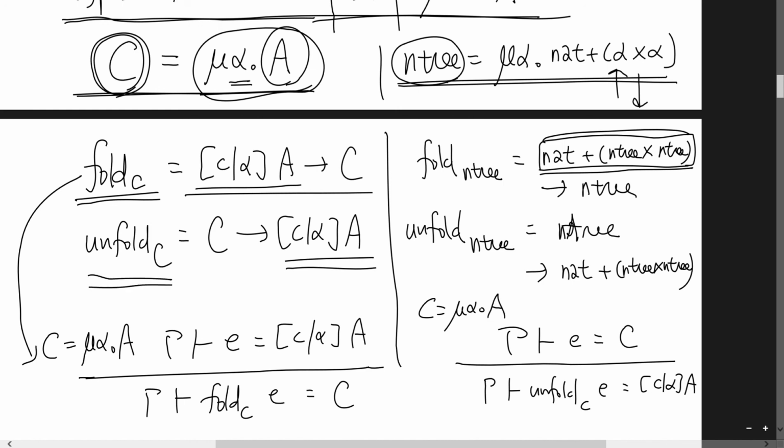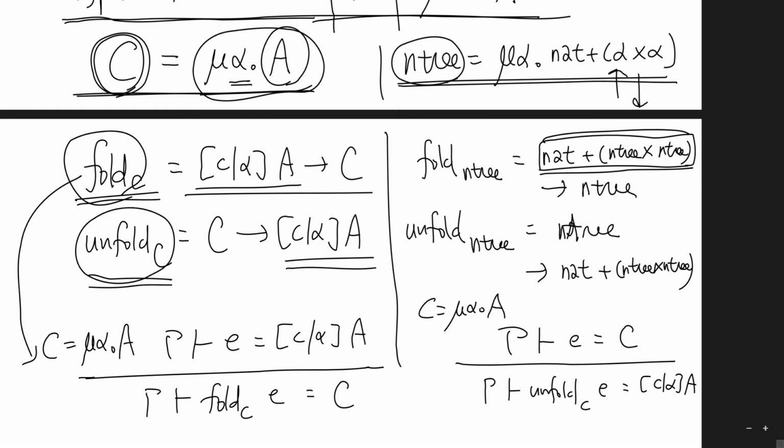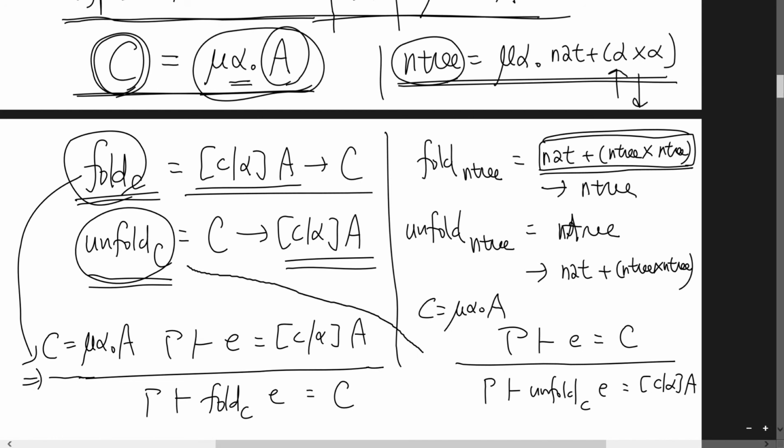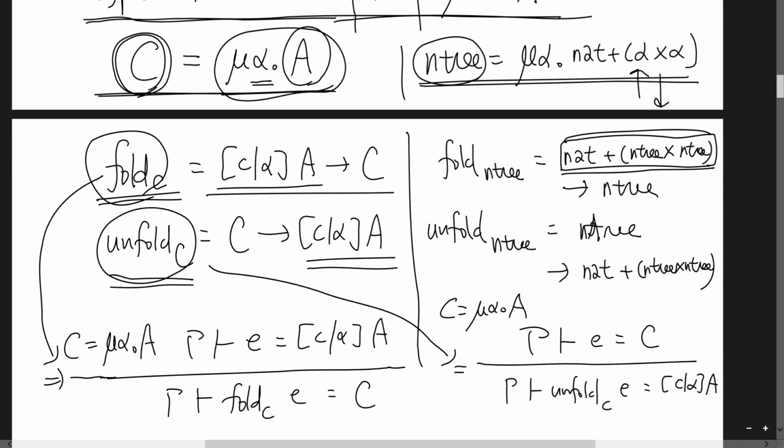So because this fold and this unfold construct are not lambda abstractions, they are not functions, we have to provide these typing rules, this one and this one.